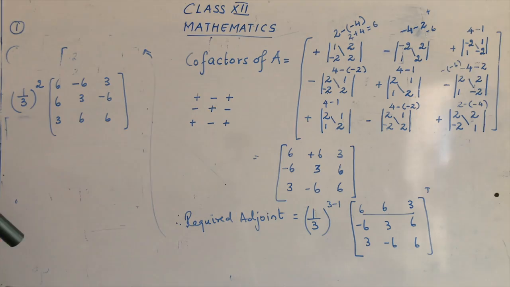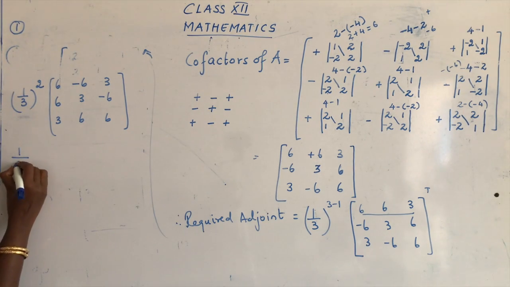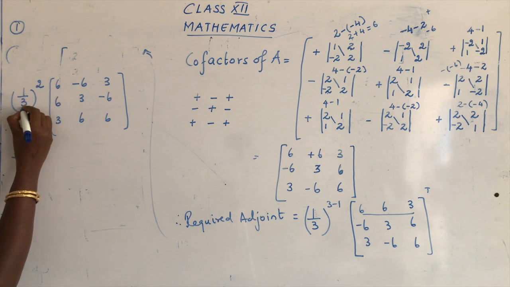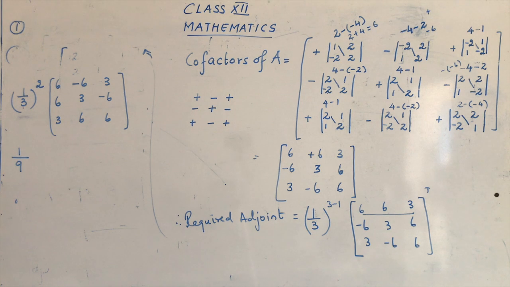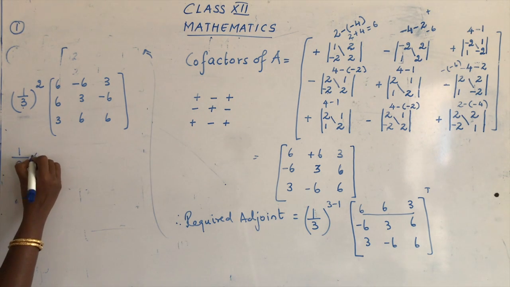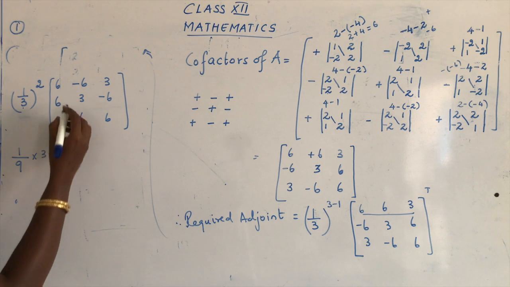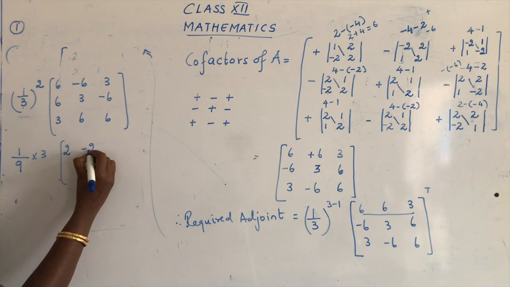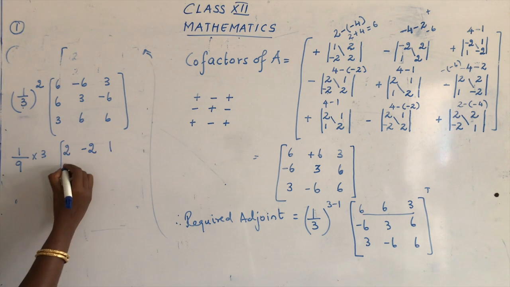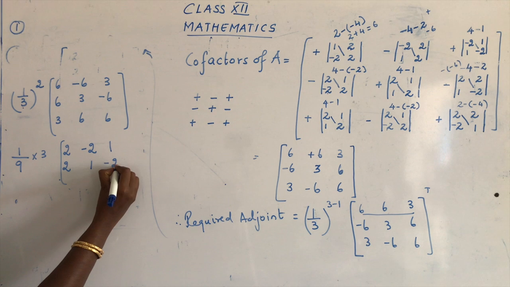Now let's simplify it. It's 1 by 9, since 1 square is 1 and 3 square is 9. What can be taken common from here? We can take 3 common. So what is left now? 3 2s are 6, minus 2. 3 1s are 3, 3 2s are 6, 3 1s are 3, minus 2.